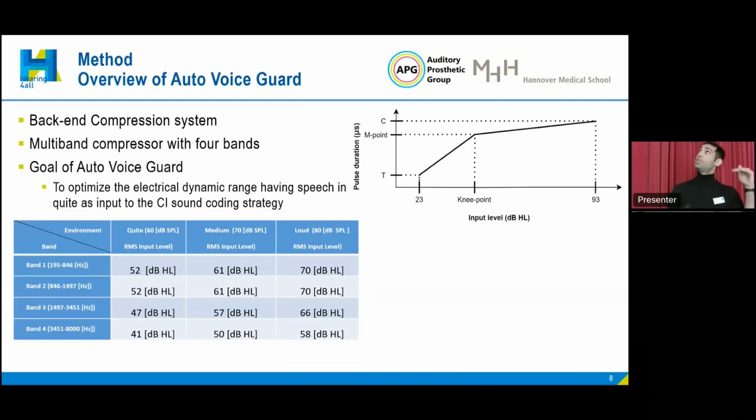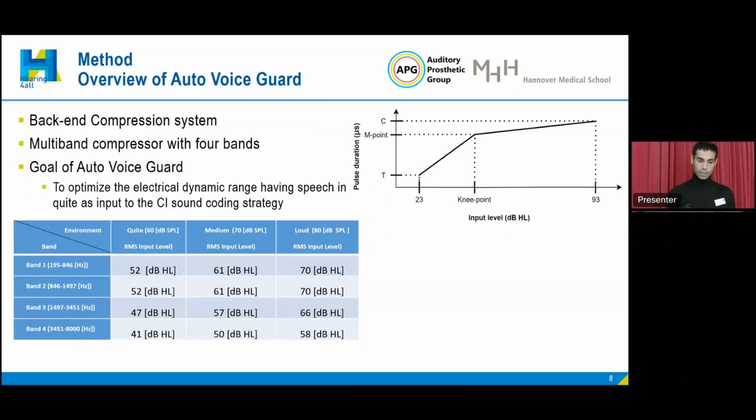If we decrease the electrical pulse, the cochlear implant users won't perceive any sound anymore. So that's the threshold of hearing. And the C level is the most comfortable level that we can stimulate the cochlea, and anything above that would be painful for CI users. The ratio between these is considered the electrical dynamic range of a subject, which is obviously subject dependent, dependent on the C and T level.